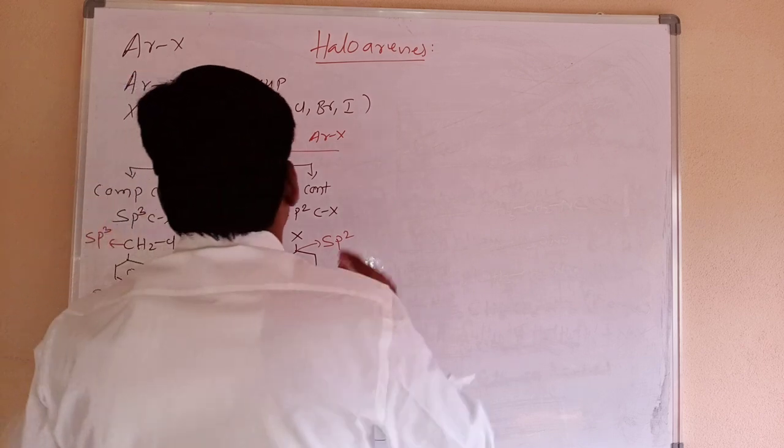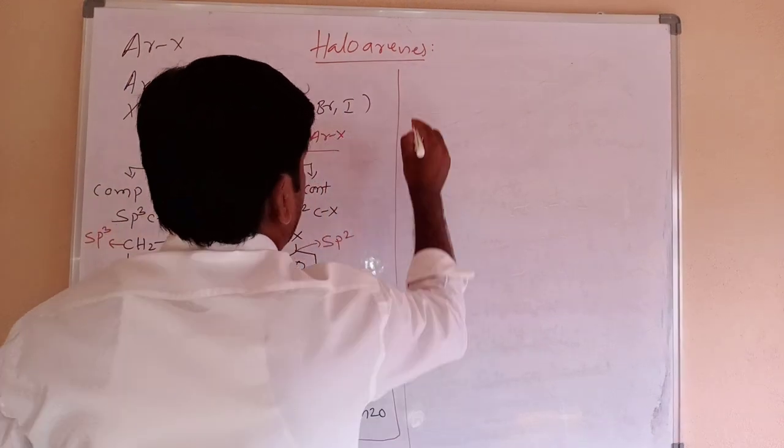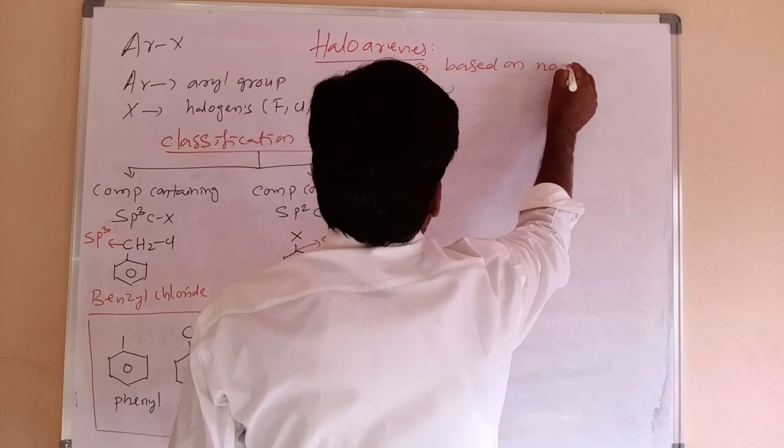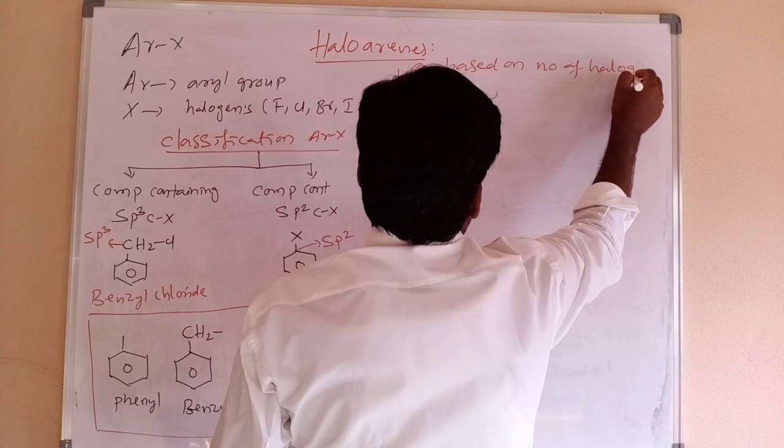Next classification. Second classification is based on number of halogen atoms.